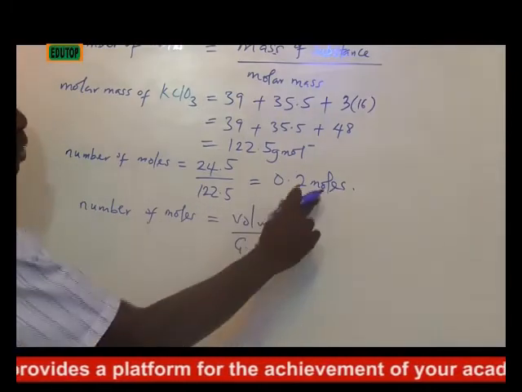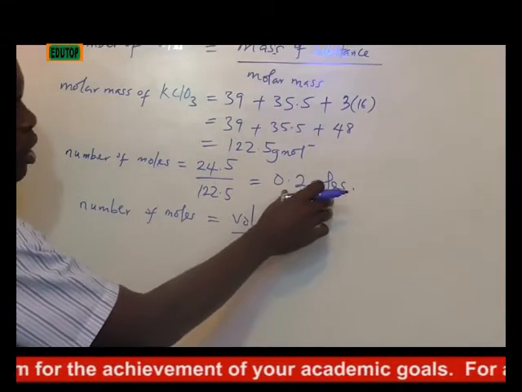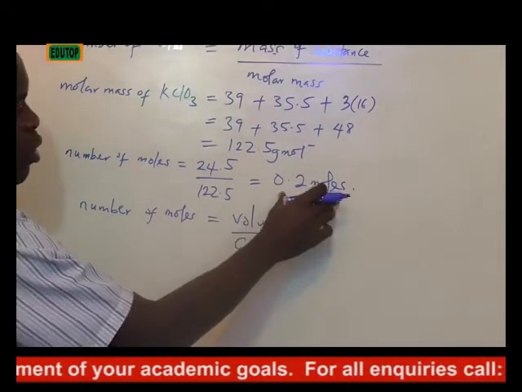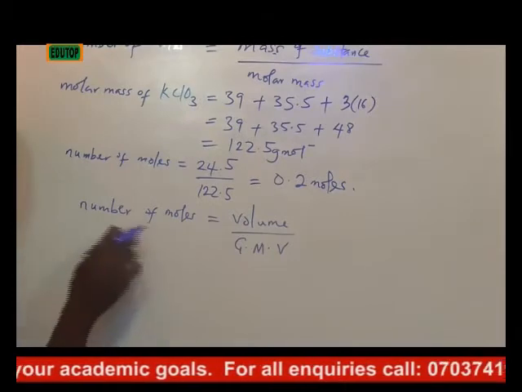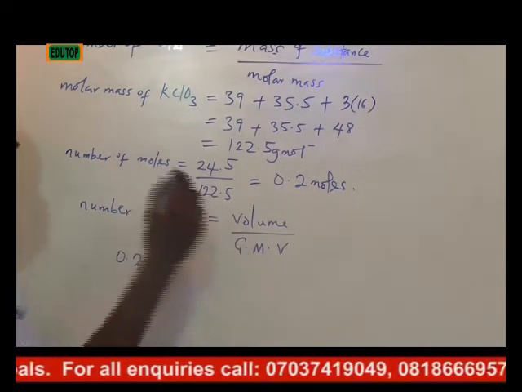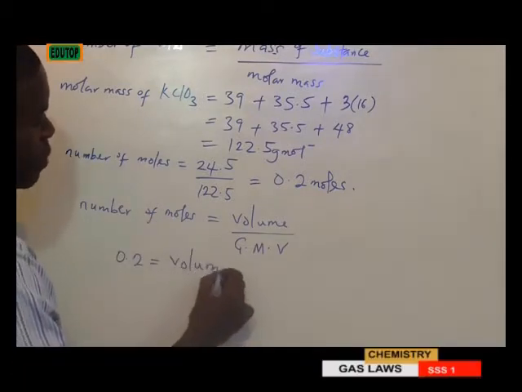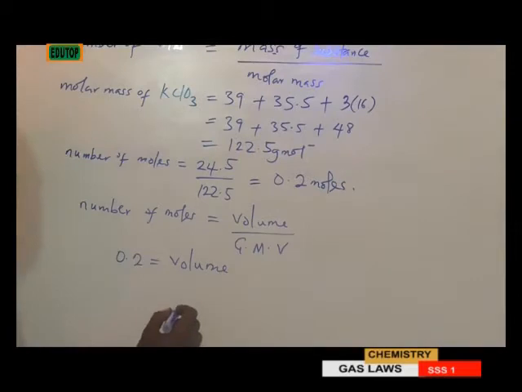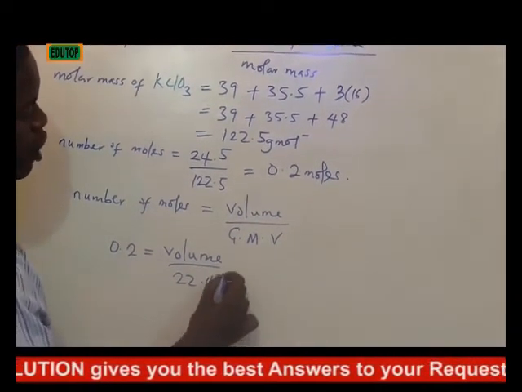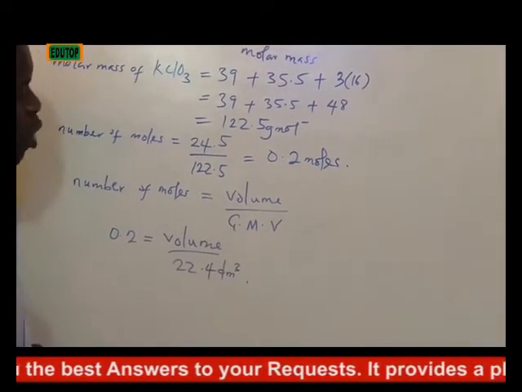Number of moles has been calculated to be 0.2. Automatically, you input the known parameters into the formula. Then you have number of moles, which is 0.2, volume, and that is what the question asks you to look for. Then gaseous molar volume is another constant, which is 22.4 dm³ at STP, standard temperature and pressure.